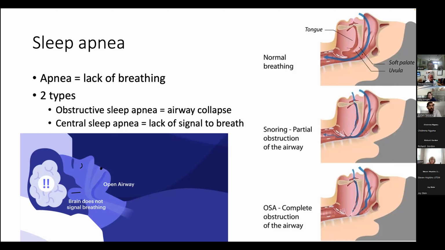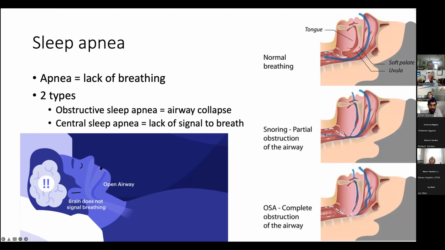Obstructive is the more common one in the general population, and you typically associate this with snoring, gasping, and choking, and this is due to obstruction of the airway. So the airway collapses, as seen in the picture on the right side. The top is normal breathing, air moving easily through the nose into the airway.